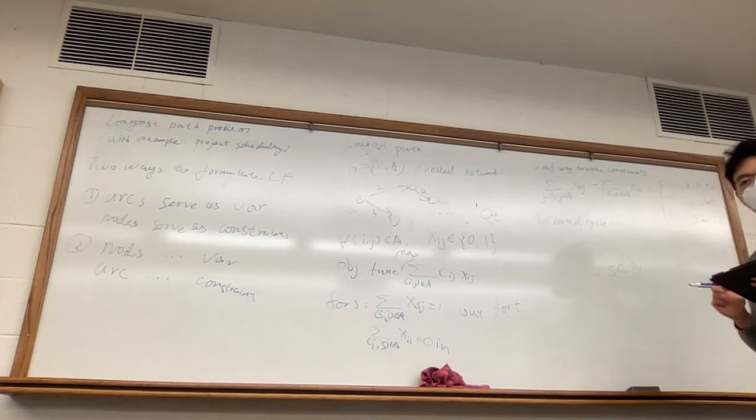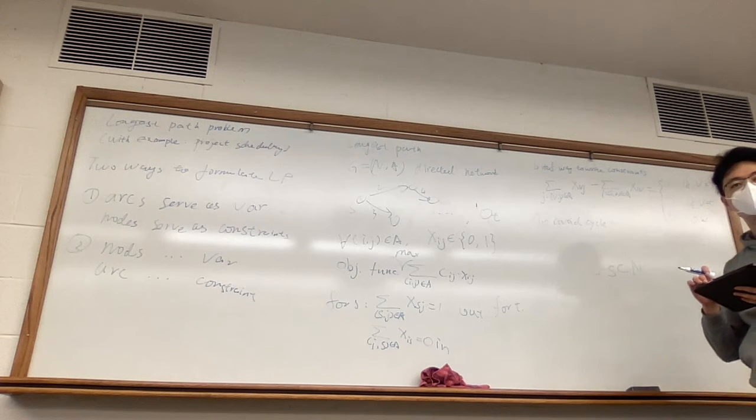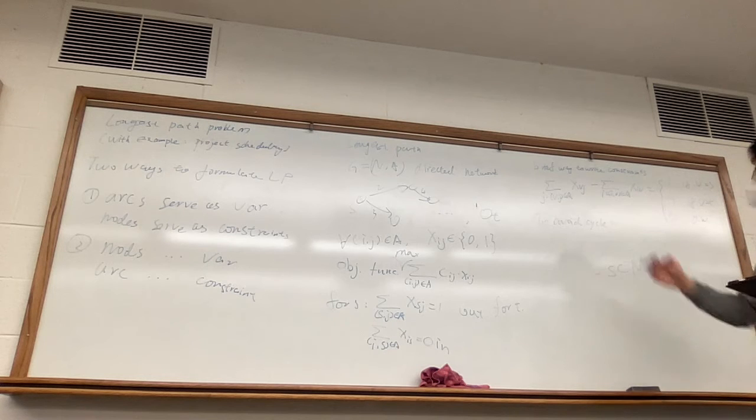You asked me this question in my office hour last night. How to avoid a cycle? We want to make sure there are n minus 1 arcs totally.